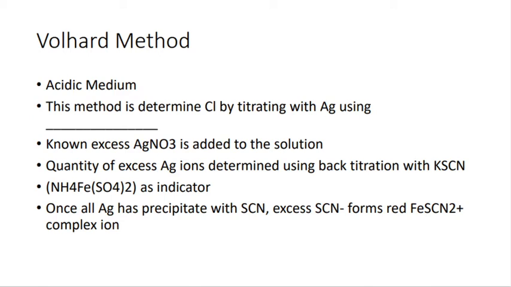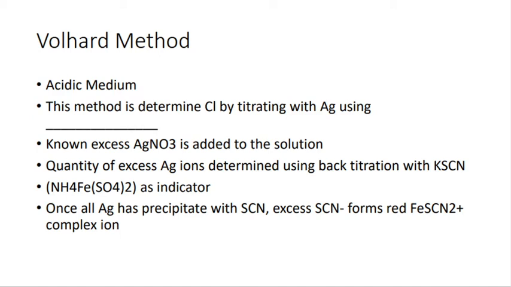Ang process kasi diyan, guys, first, chloride ion is precipitated by excess standard silver nitrate. Yung silver nitrate, ayun na yung known quantity nyo. Yung excess silver plus the chloride, parehas silang aqueous, so magkakaroon tayo ng solid precipitate na silver chloride.